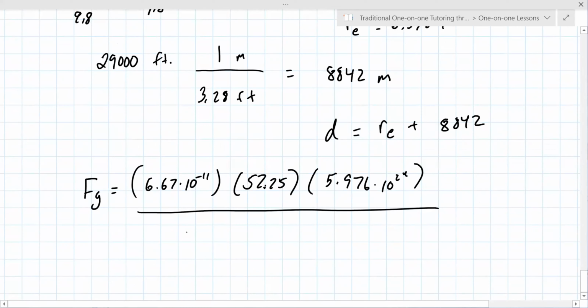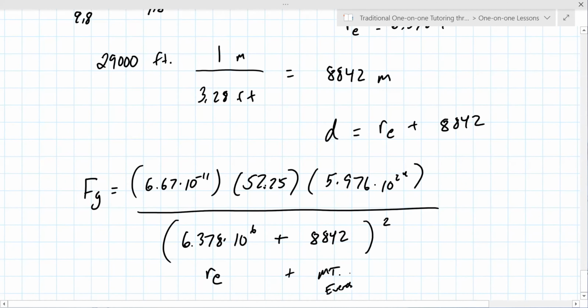The two objects are the radius of the Earth, which is 6.378 times 10 to the 6th, plus 8,842 meters, that's Mount Everest, squared. So that's the radius of the Earth, and that's the Mount Everest. Okay. And believe it or not, you get a pretty decent number there, 511 newtons.